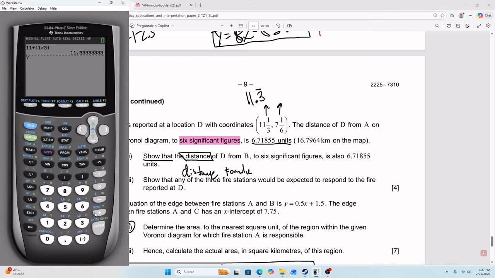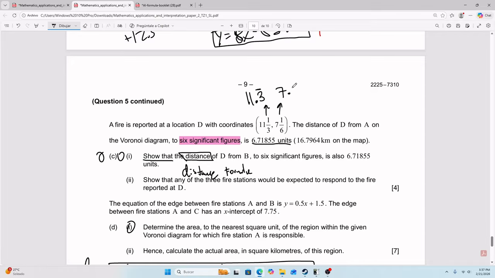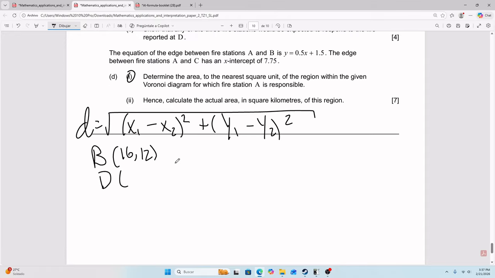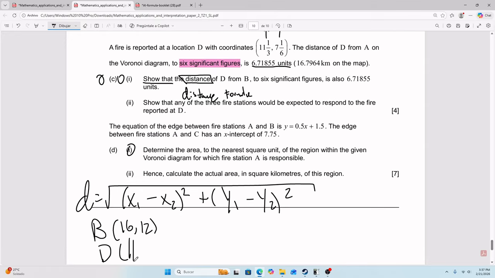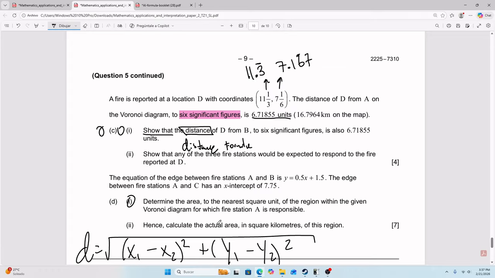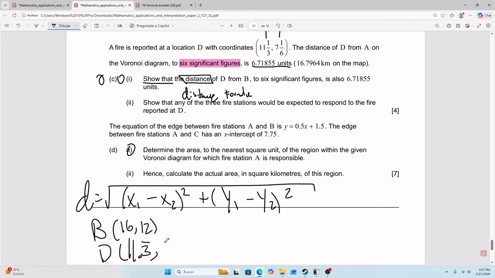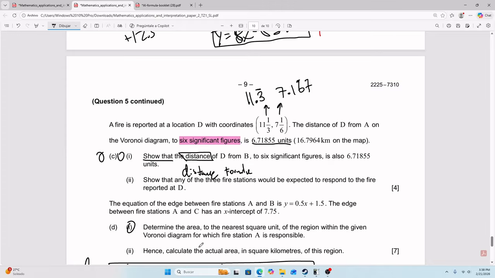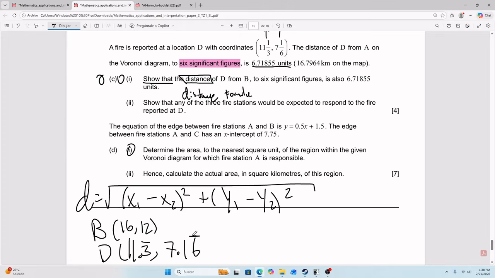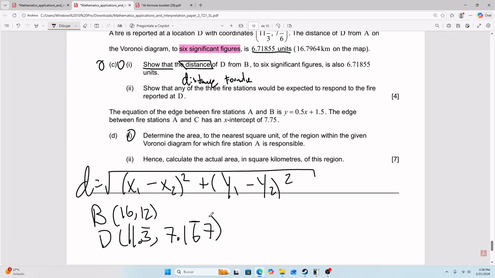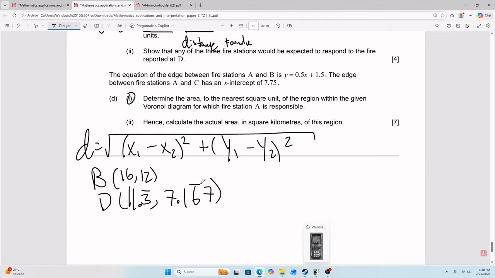And then we can do 7 plus 1 divided by 6, which gives us 7.16 repeating, but it ends on a 7. All right, cool, thank you. And so if we write that down over here, we have 11.3 repeating, comma, 7.16 repeating, 7. I guess we could use the fraction to plug in more easily. I don't know, it depends on everyone.